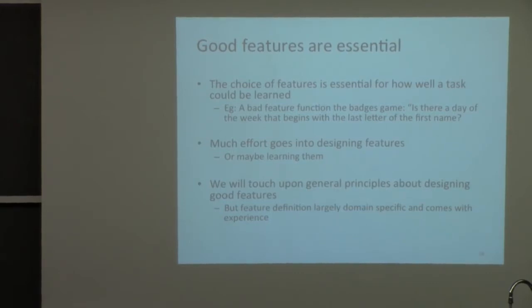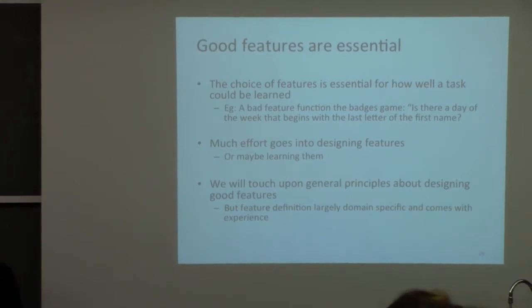Through this class, I'm not going to tell you much about specifics of how to design feature functions for a particular task. Occasionally I'll talk about general principles for what makes for good features, often from the mathematical perspective. But really, feature function definition is something that you pick up by actually knowing about your domain and doing things.